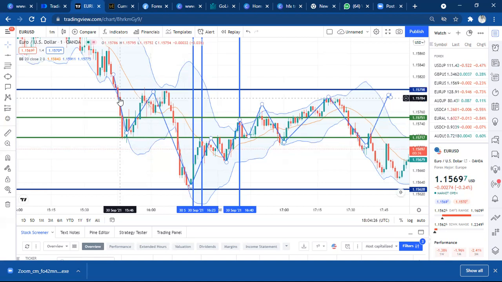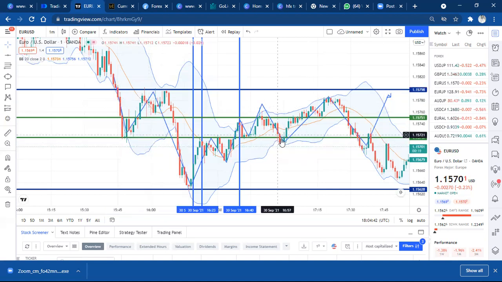In physics, it is called upthrust. It means the force that you use to push it down will first go in a little and then it will push it back. All right, so you can see sometimes that your price will break through your resistance. That's because your resistance is not dynamic, but Bollinger Bands are dynamic resistance and support levels.